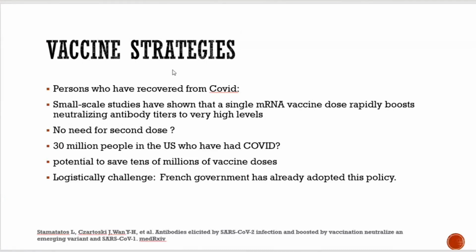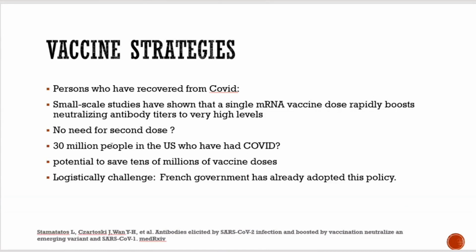For persons who have recovered from COVID, there are also small-scale studies that have already shown that a single mRNA vaccine can rapidly boost neutralizing antibody titers to very high levels. So this is more about trying to get to the most people without being wasteful, especially trying to address that huge inequality that we're seeing where some countries aren't even starting to vaccinate. So maybe in persons that have already had COVID, all you need is a single dose of a vaccine.